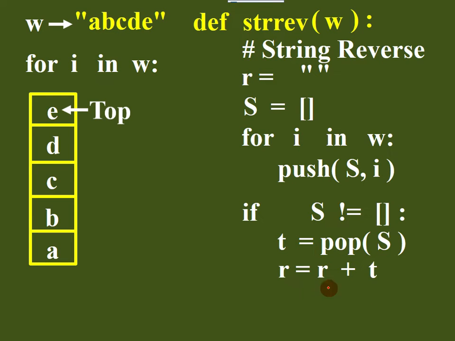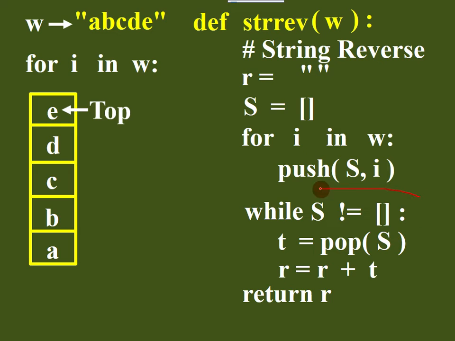So you can write r is equal to r plus t. Again, if the stack is not empty, you should repeat the two statements. So in order to repeat the two statements, if should be replaced with a while. Finally variable r points to the reverse string and r is returned as answer. So the reverse string is obtained in the main function, and in the main function you can display the reverse string.